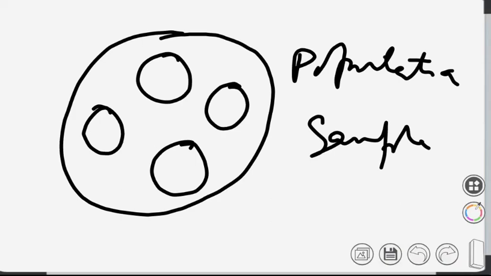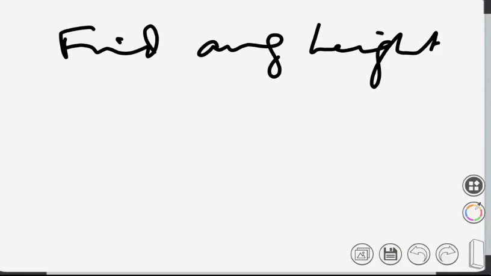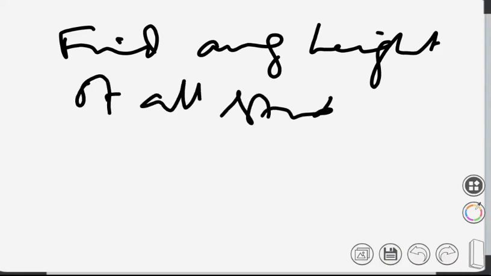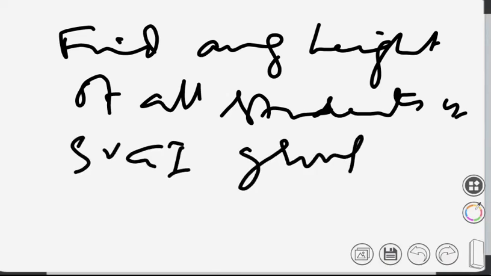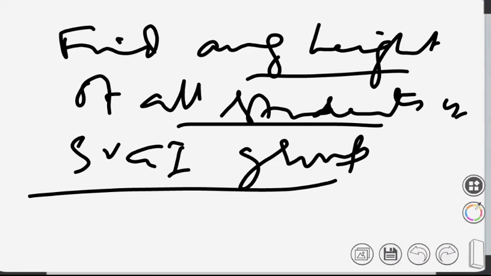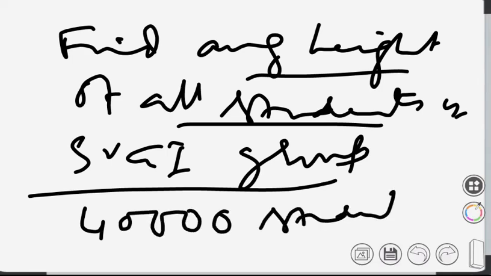My objective is to find out the average height of all students of the SVGI group. That's quite a tedious job, because under the SVGI group about 40,000 students are there. So I have to go to each and every student, measure their height, and then take the average.